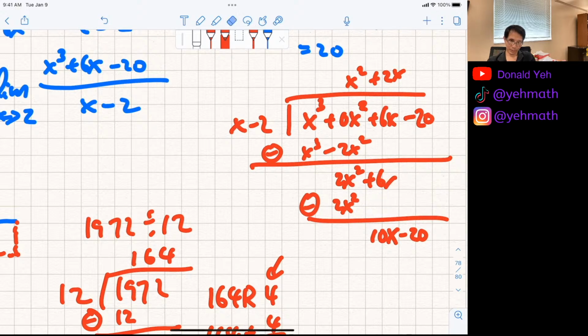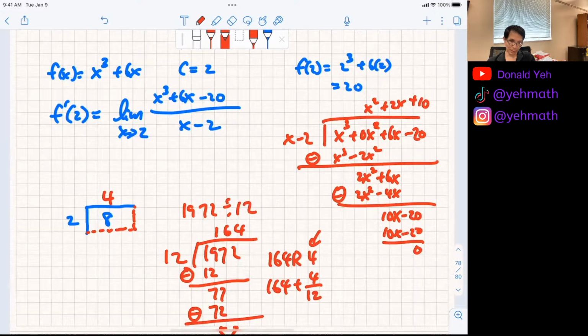That was 8, not 14. Oh, I guess you'll never get it right then. Minus 4x, right? So I'm going to plus 10 here, and that's going to be 10x minus 20.